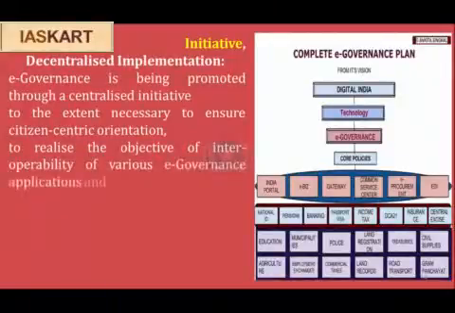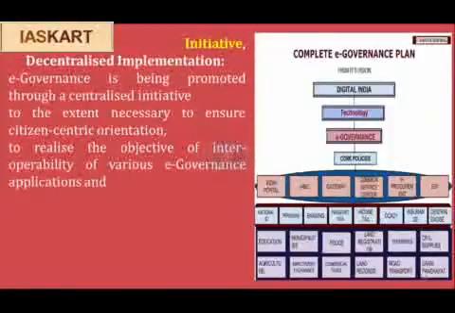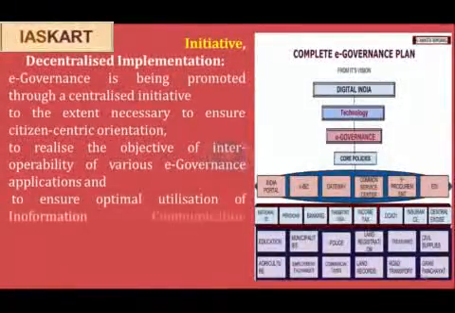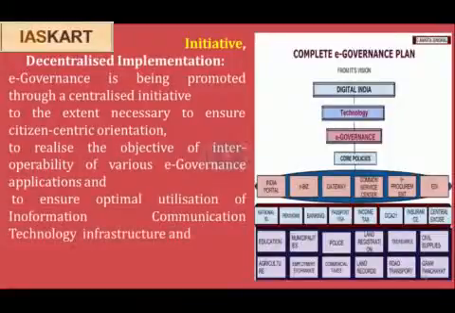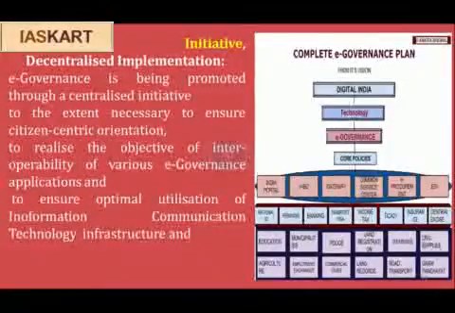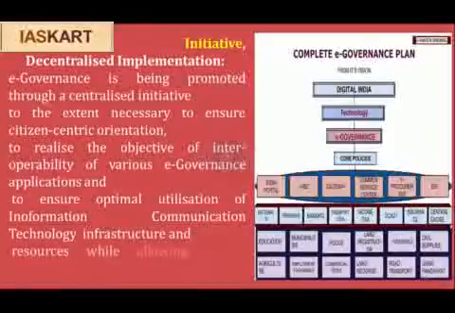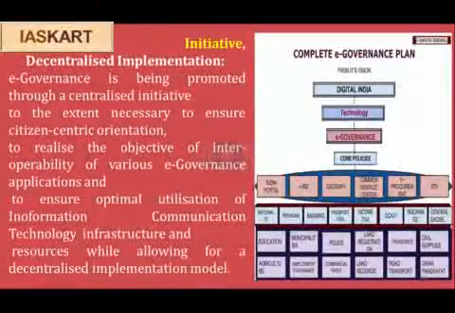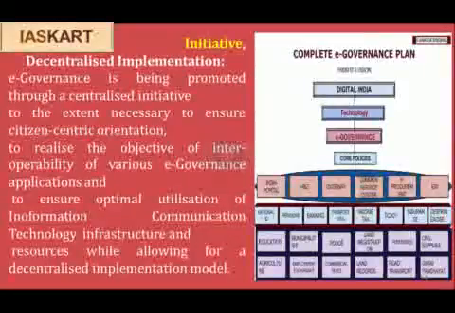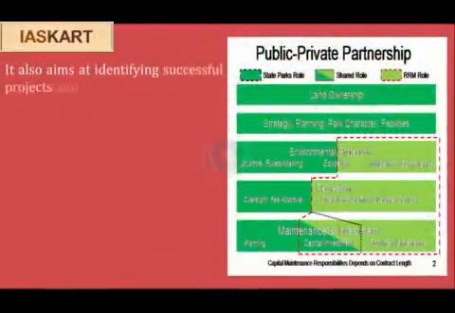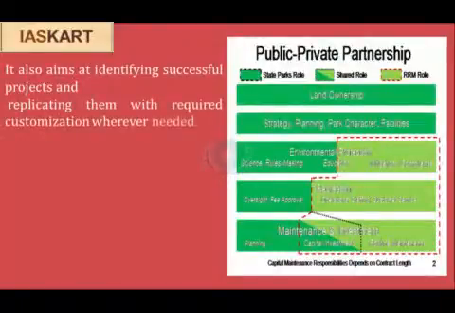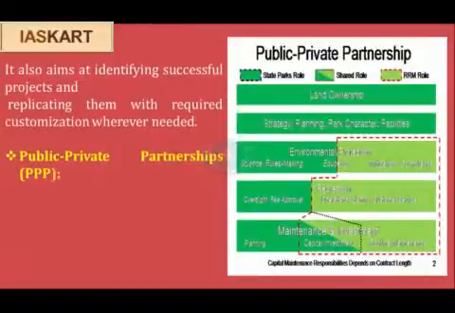The idea is to realize the objective of interoperability of various governance applications, and it will also ensure optimal utilization of information communication technology infrastructure and also the resources that would allow for a decentralized implementation model. It also aims at identifying successful projects and replicating them with required customization wherever it is needed.